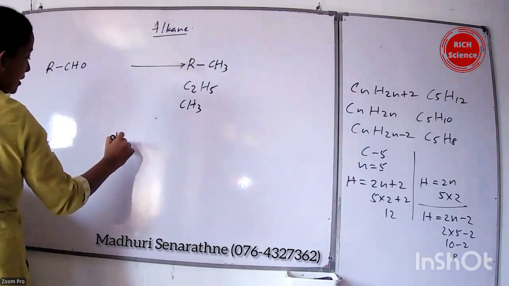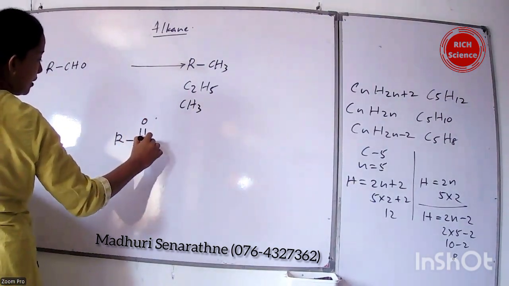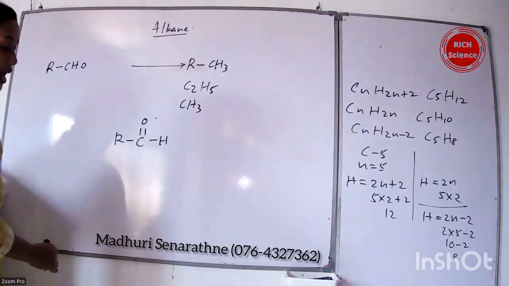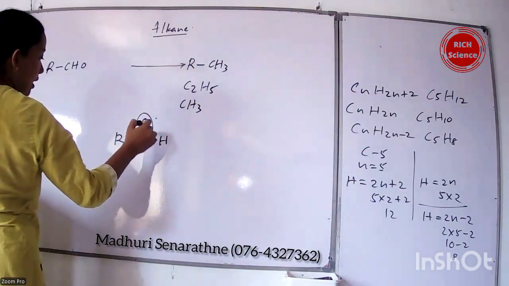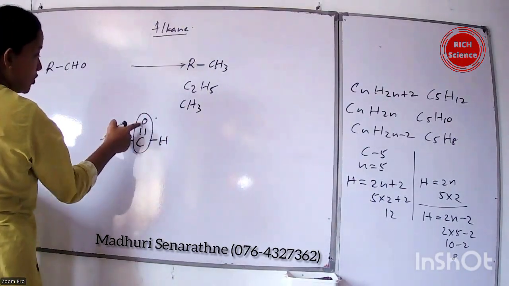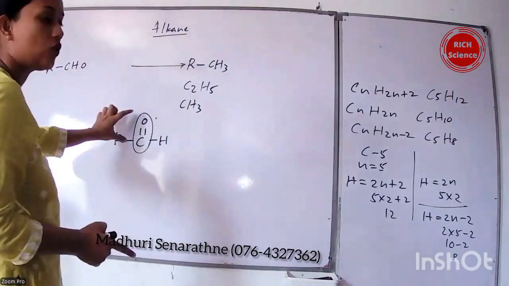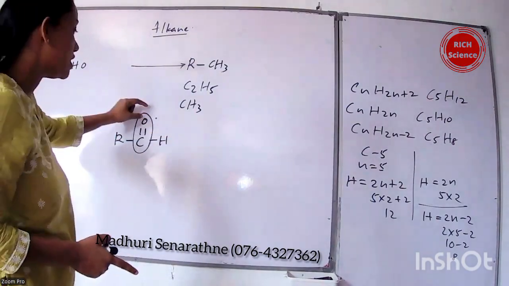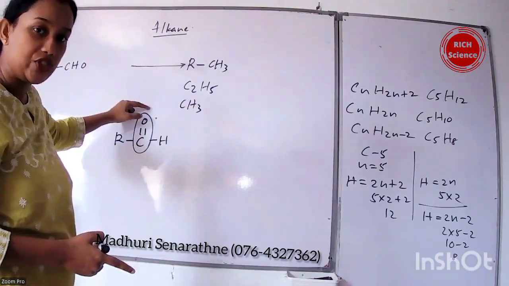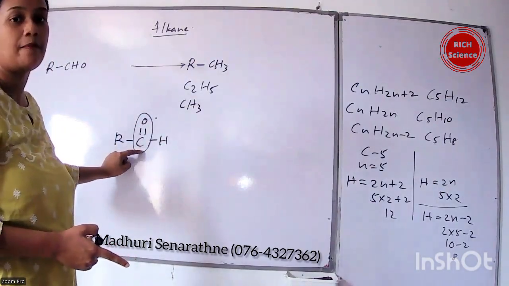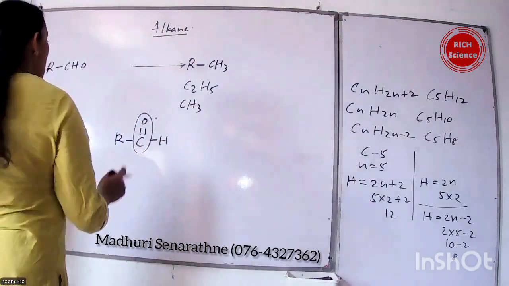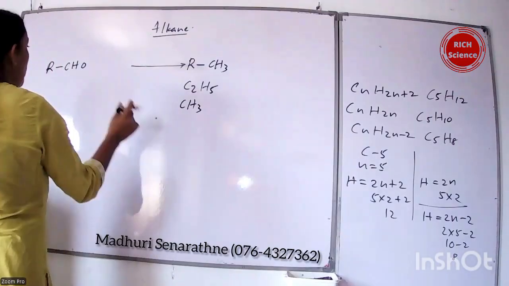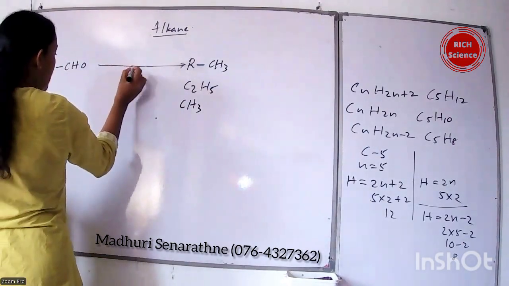Aldehyde is R-C like this, with this carbon-oxygen double bond. This group is called the carbonyl group. This oxygen is called the carbonyl oxygen, and this carbon is called the carbonyl carbon. Correct. So now, note this.